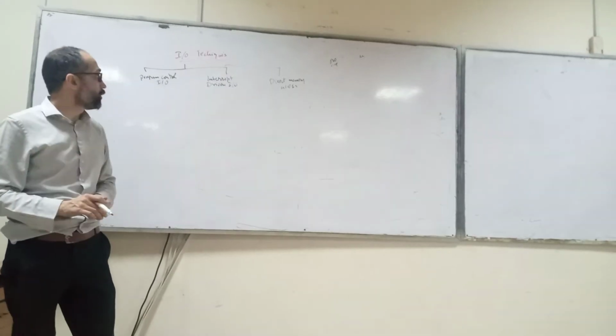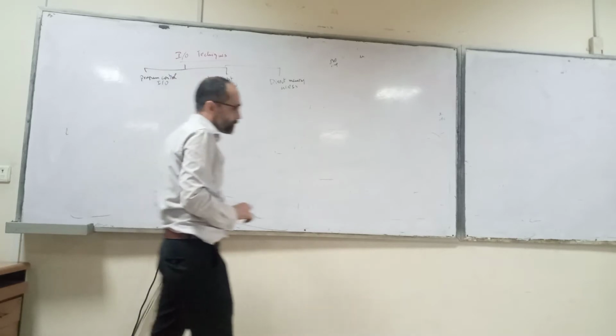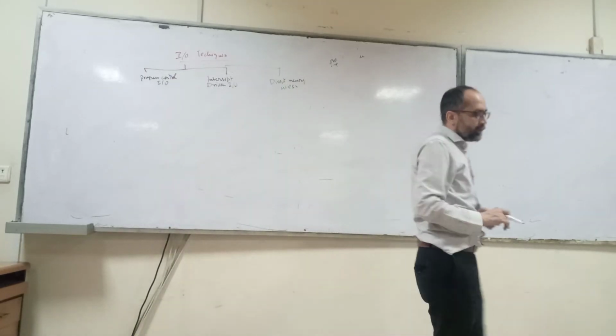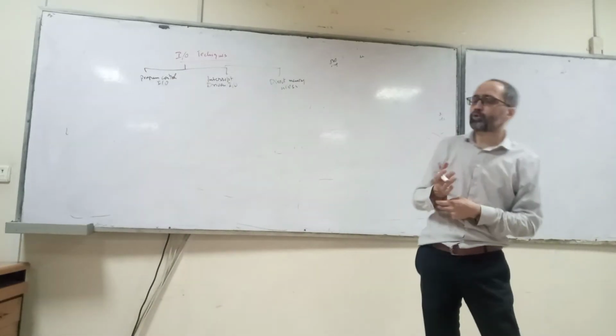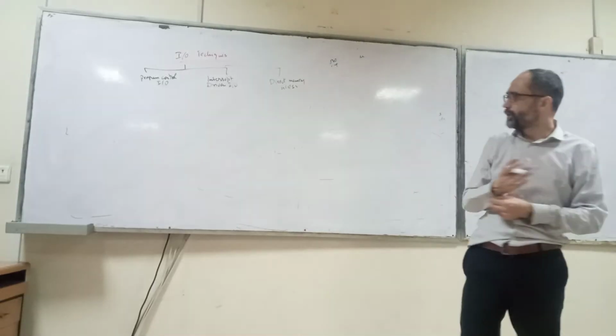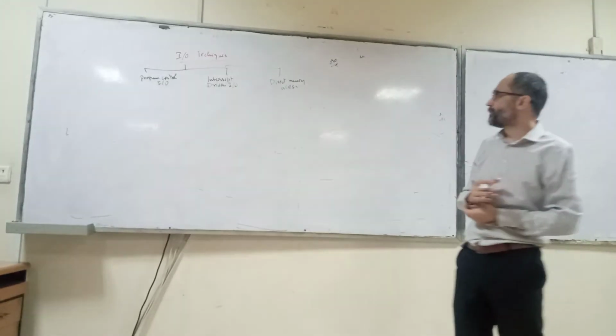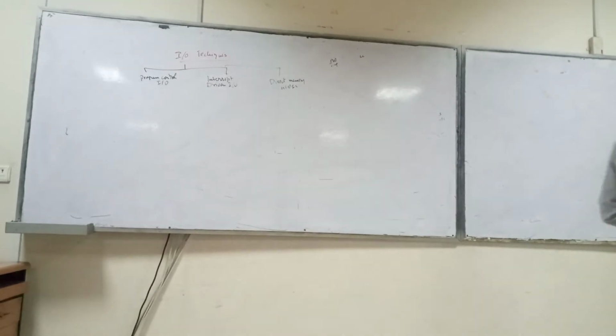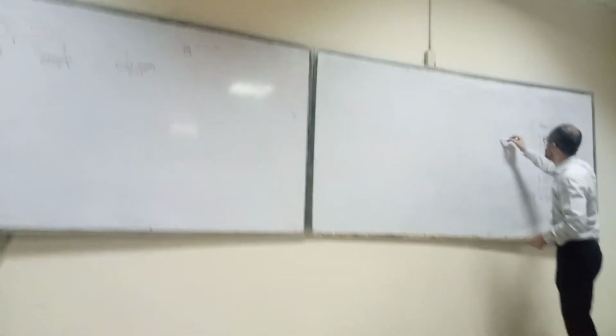One is the program control IO, interrupt driven IO, and direct memory access. We will now start to explain the program control IO with a simple example.